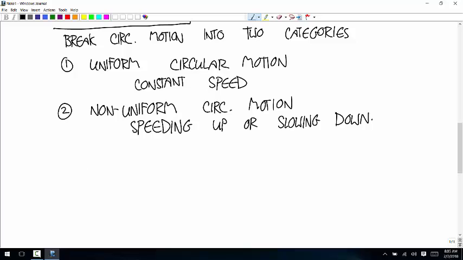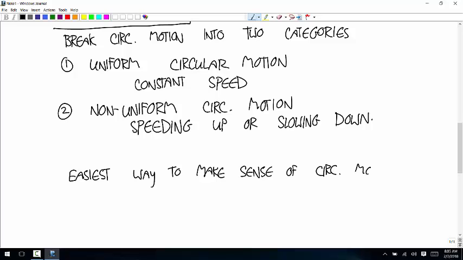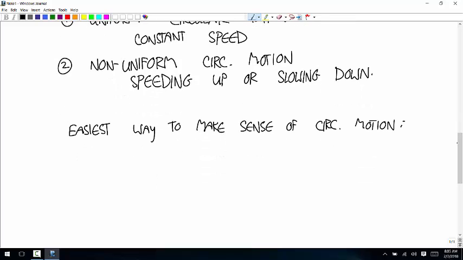So here's the easiest way, I think, to make sense of circular motion. It's to think about it in that way, like we have been doing in lab.